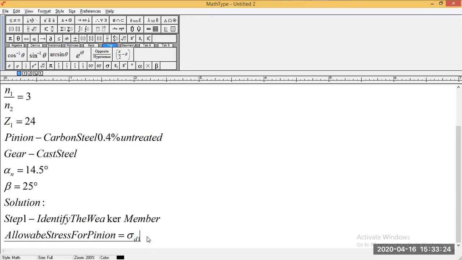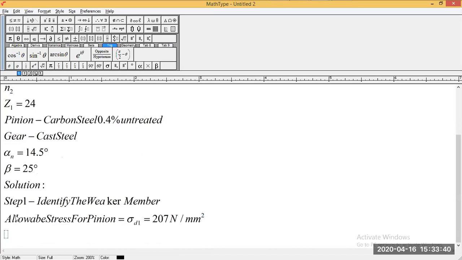Sigma d1 equals 207 Newton per mm square. Next, the same thing, copy paste. Now this time it is for the gear. This is the allowable stress for gear, and designate this as sigma d2.